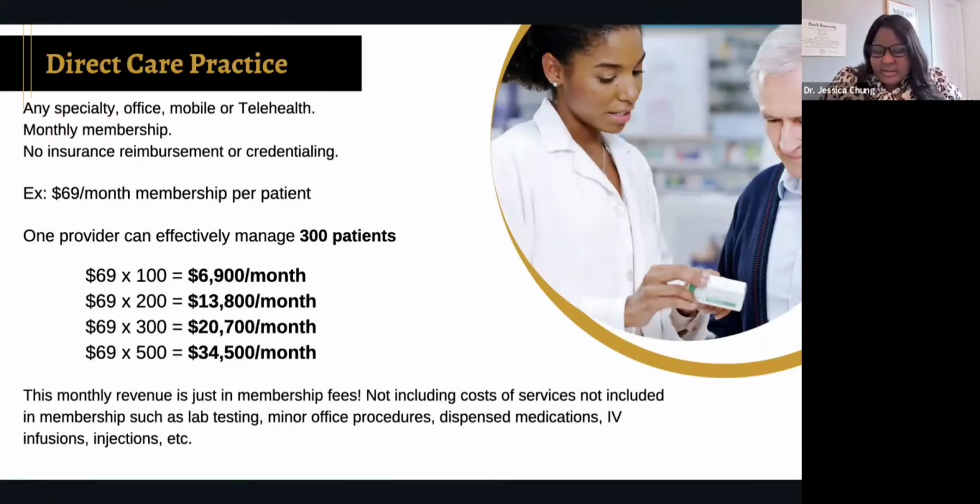And I'll tell you guys, 100 patients, 100 clients, you can effectively manage that part-time. 200 patients or clients, you're bringing in just a little below $14,000 a month. 300, you're bringing in just below $21,000 a month. And at 500, you're bringing in, at $69 a month, you're bringing in about $500 a month if you implement some type of membership service.